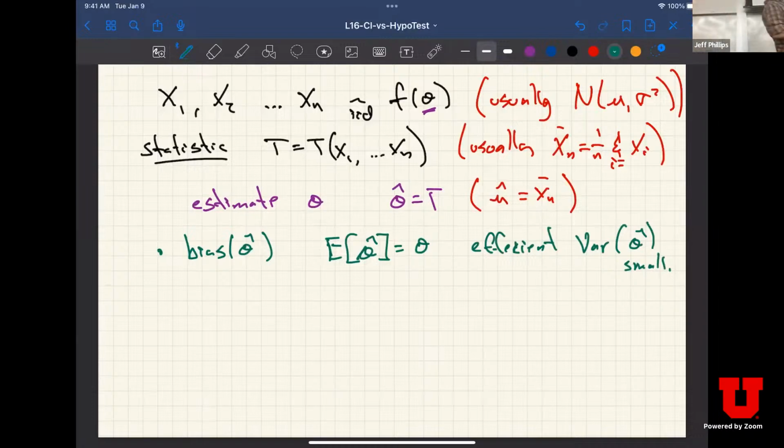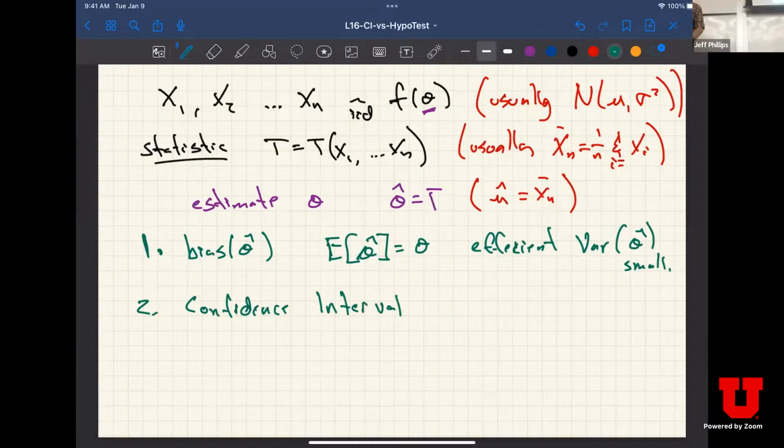So the first thing we looked at was just the estimator. We're saying we're going to take this data and typically take the average of it, and ask how well that estimates the parameter of the distribution. That's all we need to specify the whole distribution. So this is the first way. The second way we looked at was the confidence interval.